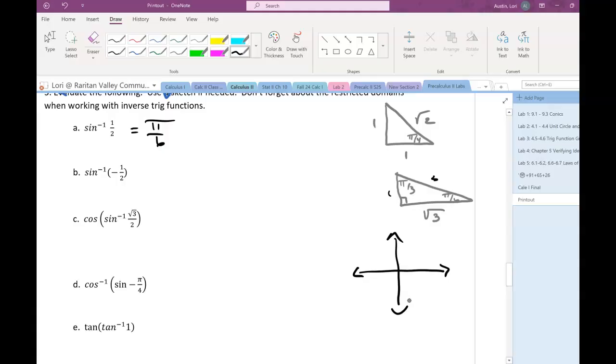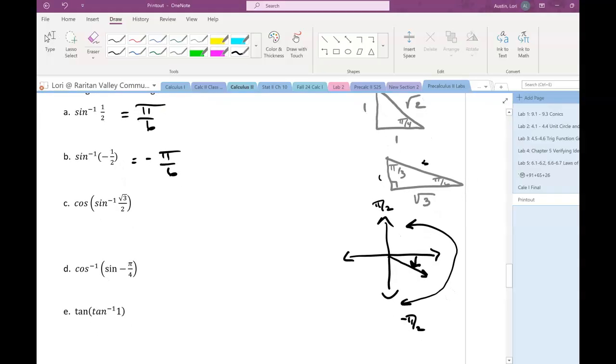When we restrict the domain of sine, we restrict it from negative pi over 2 to pi over 2. In other words, we restrict it to quadrant 1, which is what we used in part A because it was positive, and quadrant 4, where sine is negative. So this angle would be down here, and we would just simply call that one negative pi over 6. Not a problem.